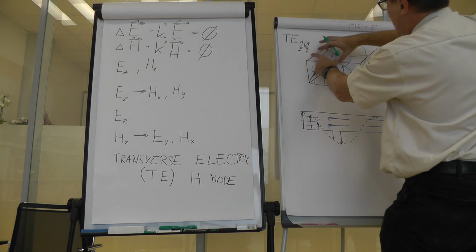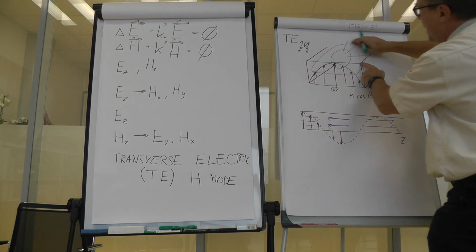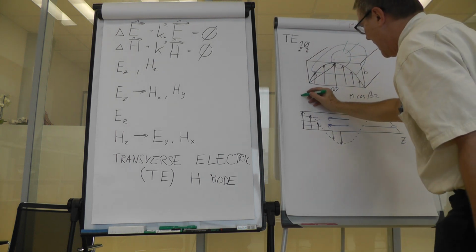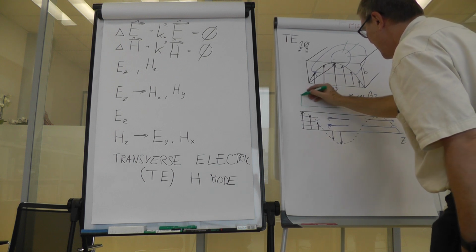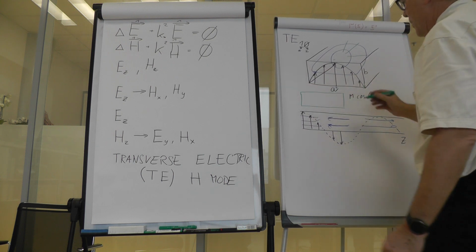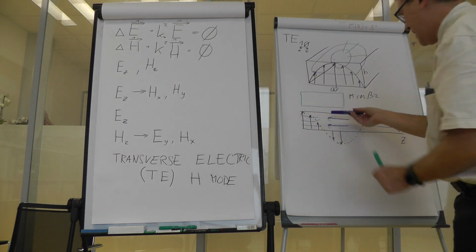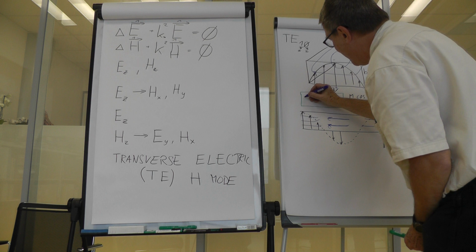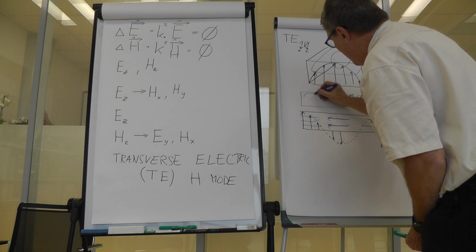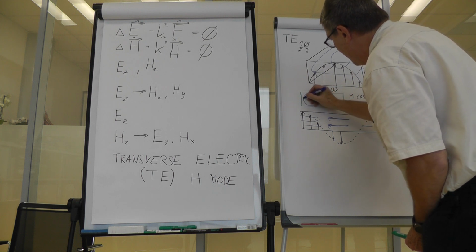If I just put the upper deck of the waveguide over here, so we would have the magnetic field now projected not as just vectors, but those would be loops.